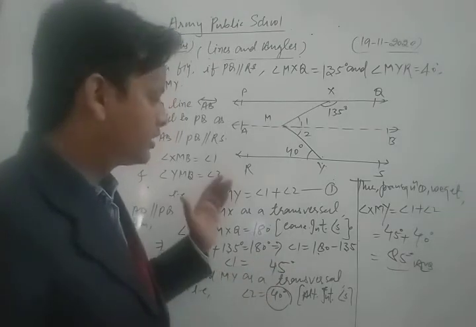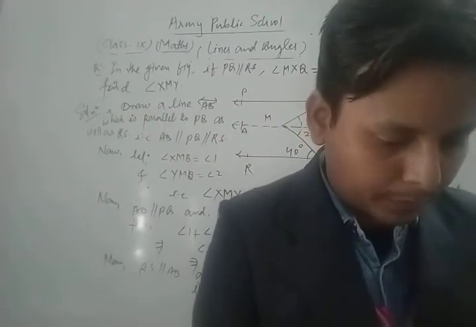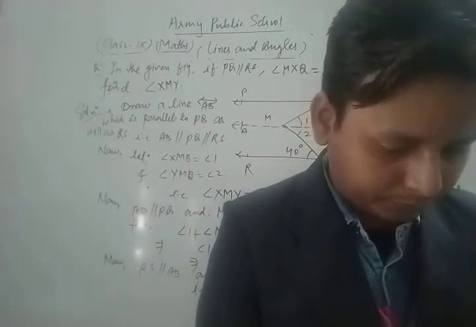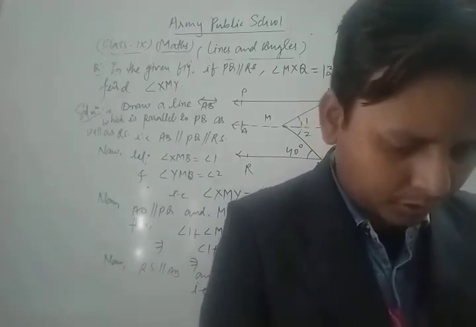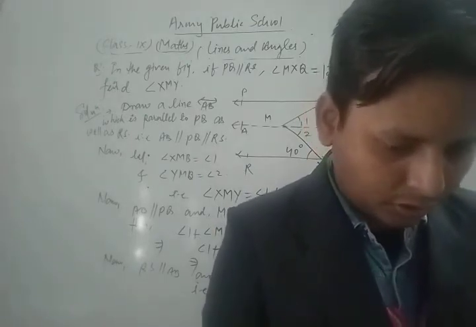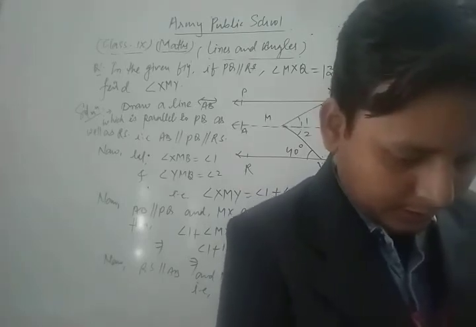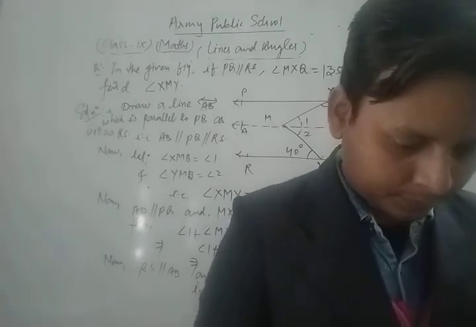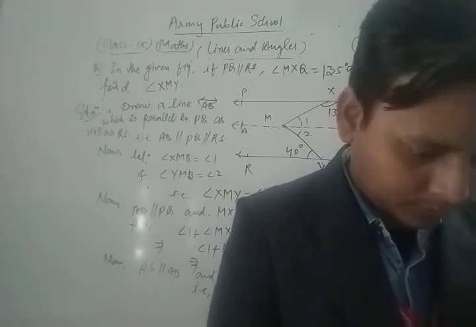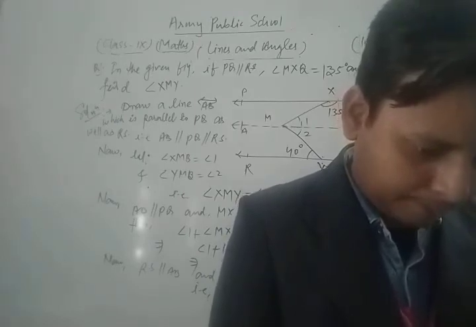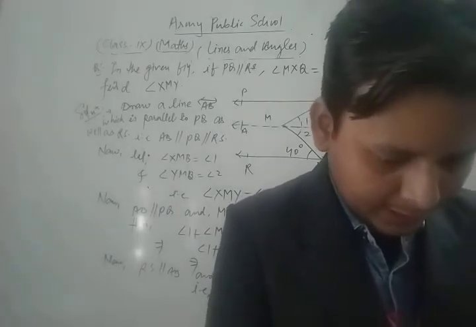This is one of the most important questions of your NCERT exercise, so please do more and more practice of that type of questions. You can solve each and every question of your NCERT exercise based on the topic angles made by the transversal.